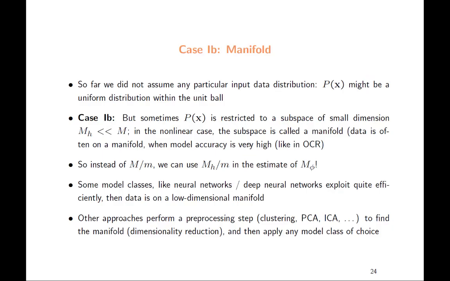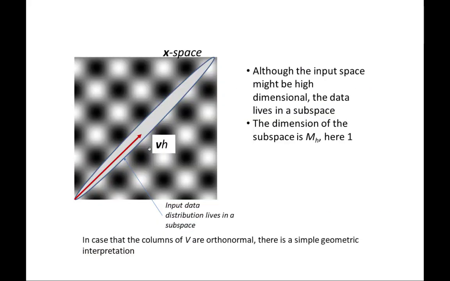Then another special case is if P of x, so the input data distribution, is really on a low dimensional manifold, then we can exchange this, and instead of using M, we can use M_H, the dimensionality of this subdimensional manifold, and M_H divided by the smoothness might still be reasonable when M divided by the smoothness is already out of reasonable numbers.